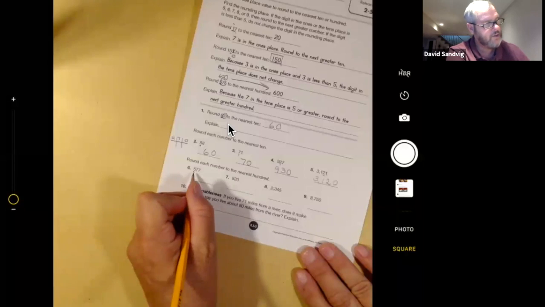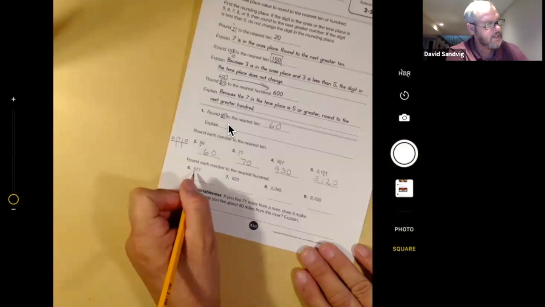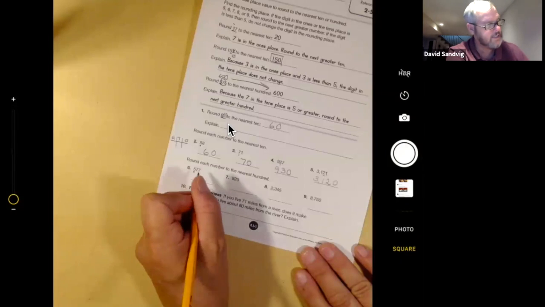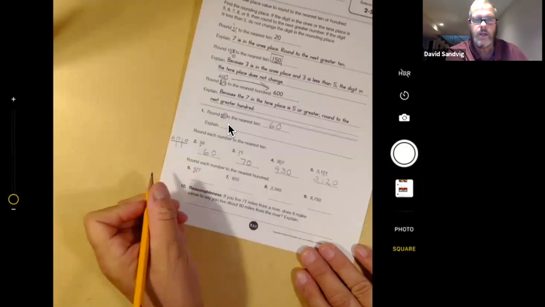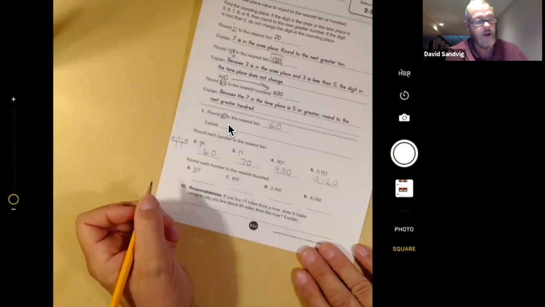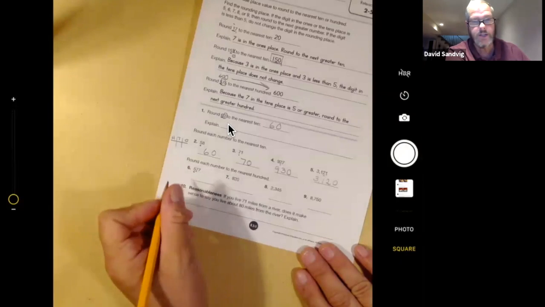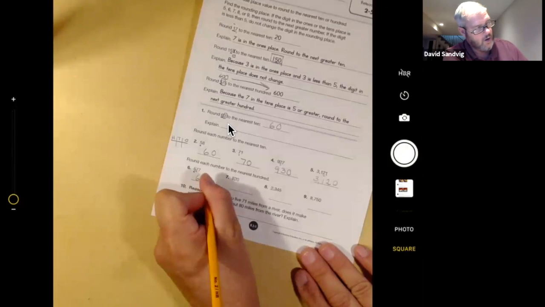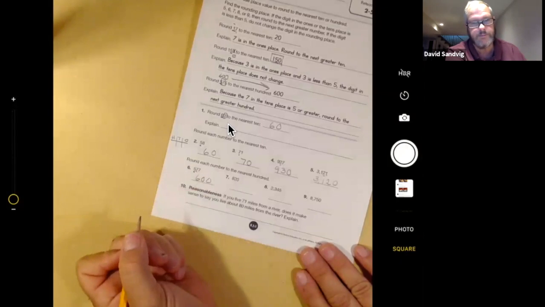The nearest 100, the rounding spot, is the 5. The neighbor to its right is a 7. 7 is 5 or more, so raise the score. The 5 becomes 6, and all other numbers are 0.